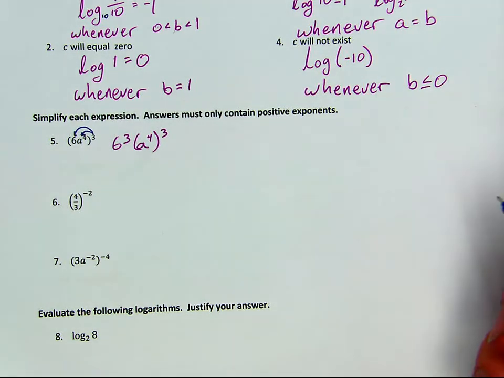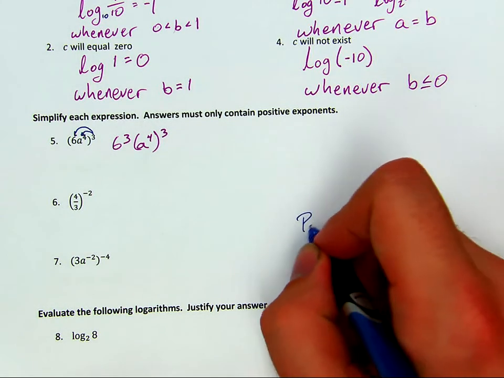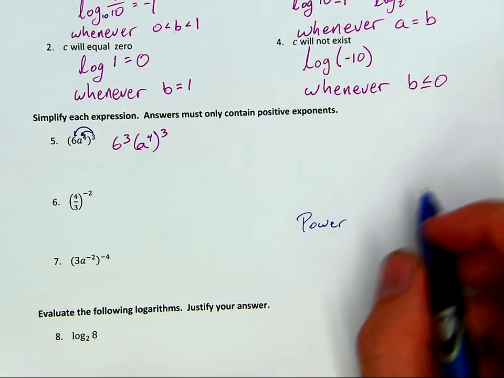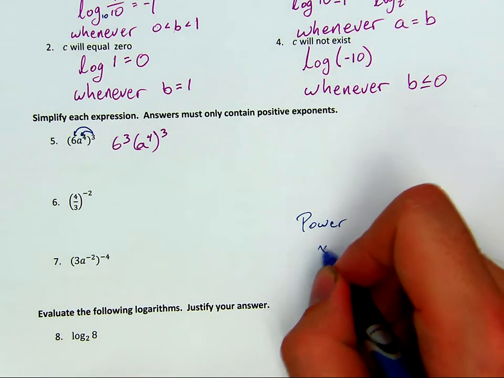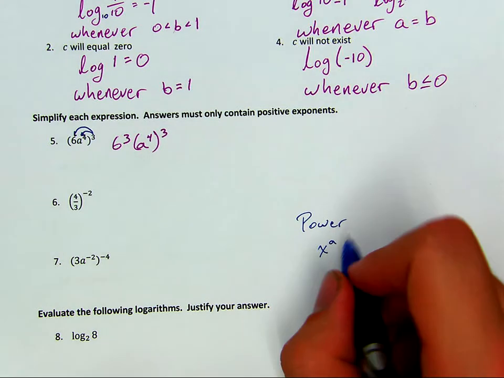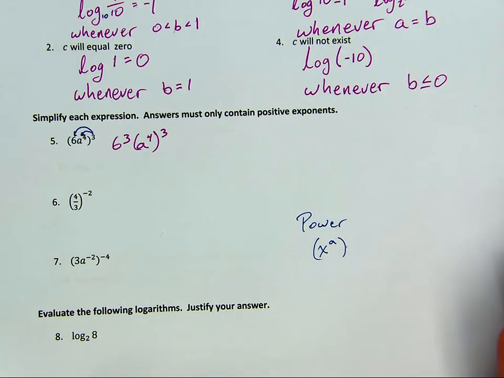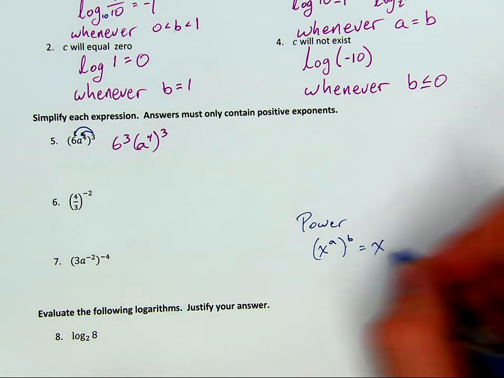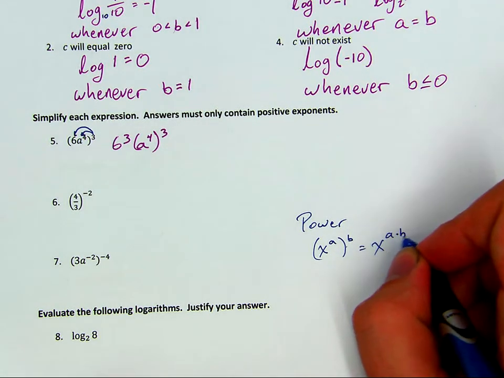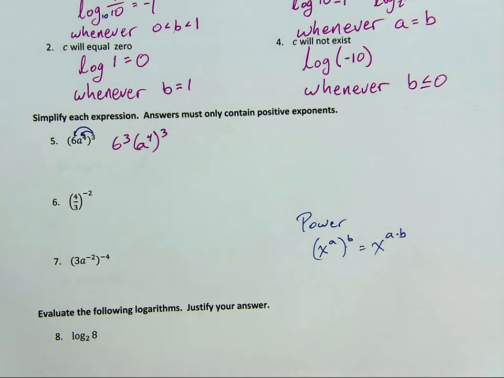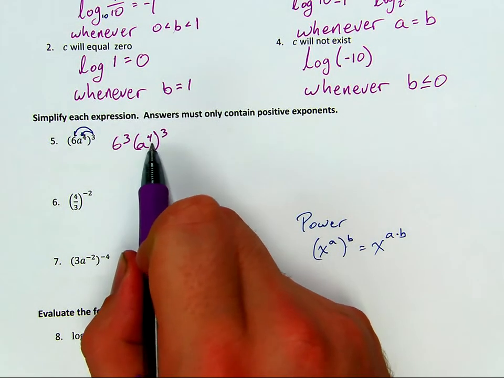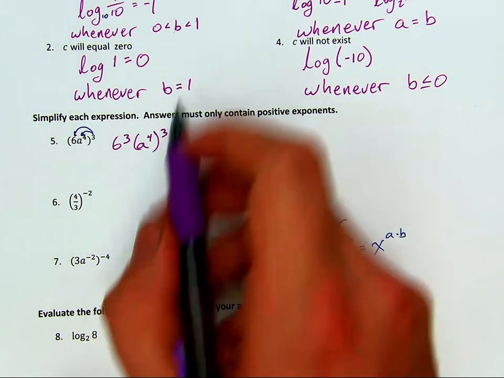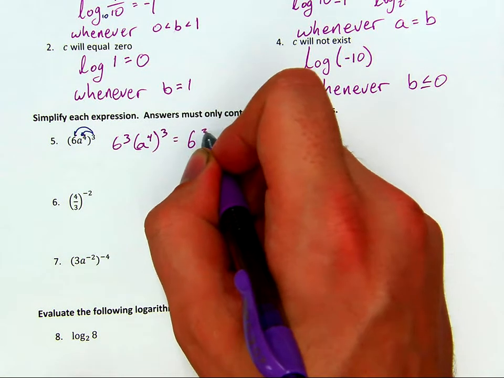The power rule says if we have x raised to the power a, and then that entire thing is raised to the b, then you have to take those exponents and multiply them. So here, a to the power 4 raised to the power 3, we have to multiply those exponents together. 4 times 3 is going to give us 12. So we end up with 6 cubed times a to the 12th.